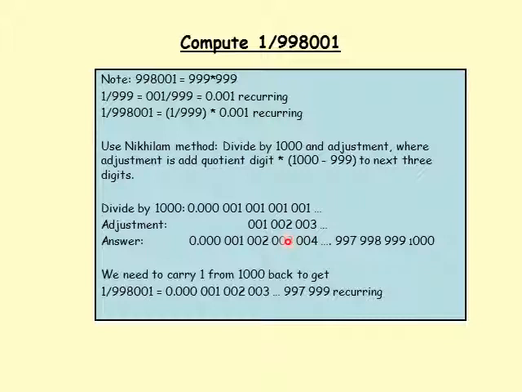This quotient digit becomes 3, and we add 003 to the next 3 dividend digits. So I got 004. Look at the pattern we are getting: 0.000001, 002, 003, 004, and so on.